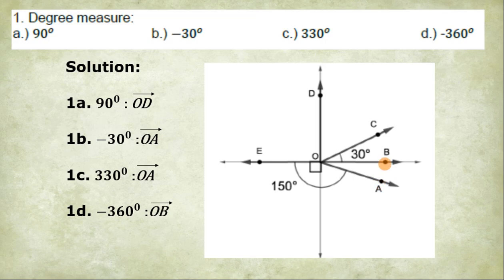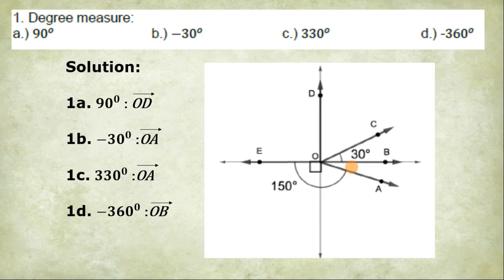Well, if we move from the initial side OB going clockwise, we arrive at terminal side OE, this is all in all 180 degrees. But we have the given that from this OA going to OE is 150 degrees. So that means 180 minus 150 is 30 degrees.